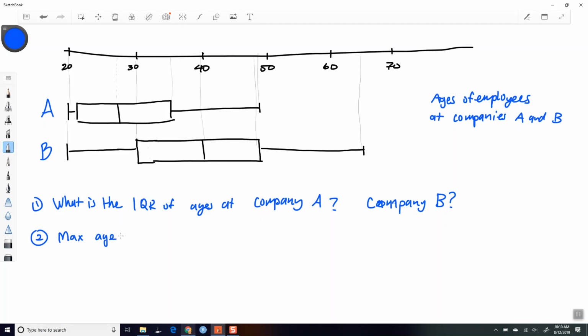Max age of employee at A, and then what about at B? Okay, and then we'll say 3. What is the difference in median ages?